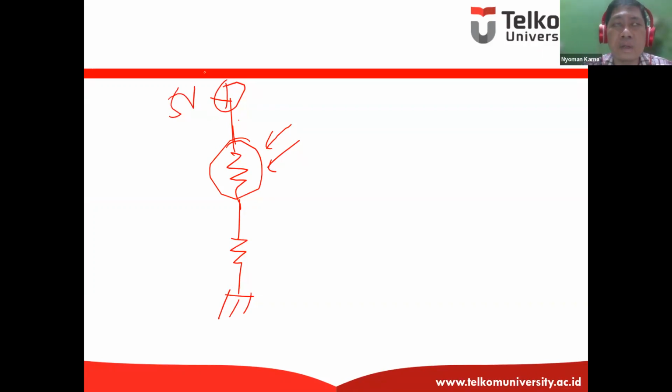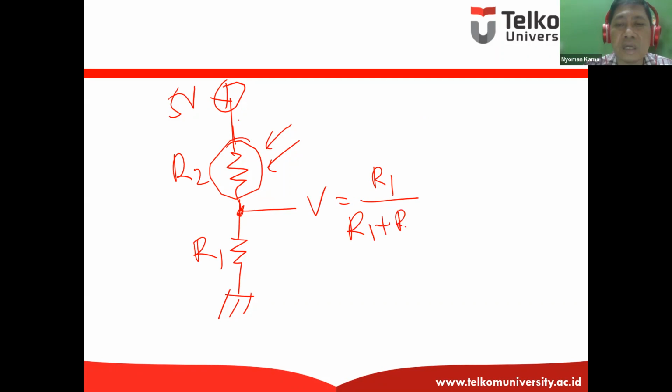Now, remember about the Ohm's law. The voltage in here will be equal to, let's say this one is R1, and then this one is R2, R1 divided by R1 plus R2, or the total of resistor, times 5 volt.